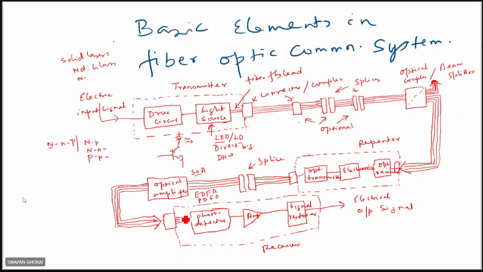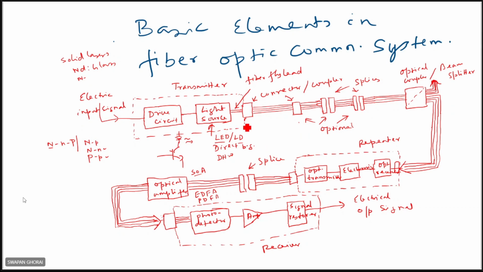But before the receiver, generally an optical amplifier is used because after several kilometers the signal will be very weak. So just before the photodetectors, amplifiers are used. There are different applications of optical amplifiers. They can be used just after the source, just before the receiver, or in between the fibers.